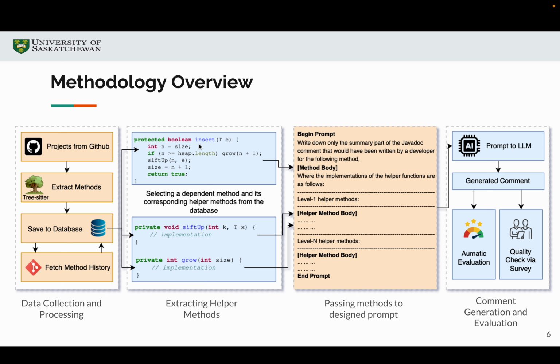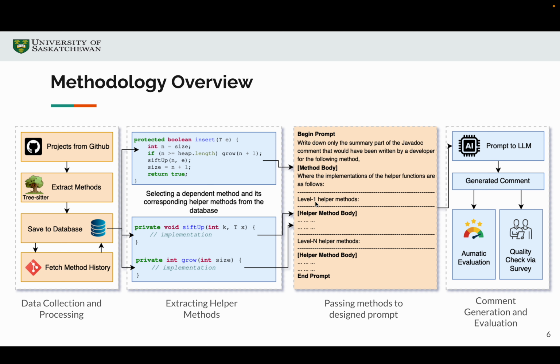And after extracting those, we designed a prompt where we tell the model to generate the Java comment that can be written by a developer, and then in the prompt we give the original method body, and after that, to give more context, we give the helper method bodies. The helper methods are shiftUp and grow, and you can see we designed the prompt like that.